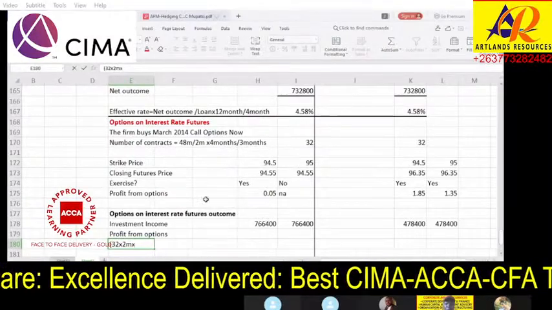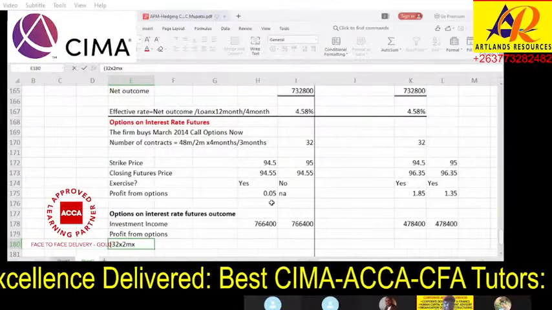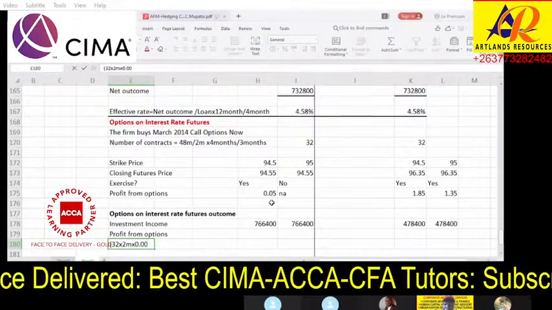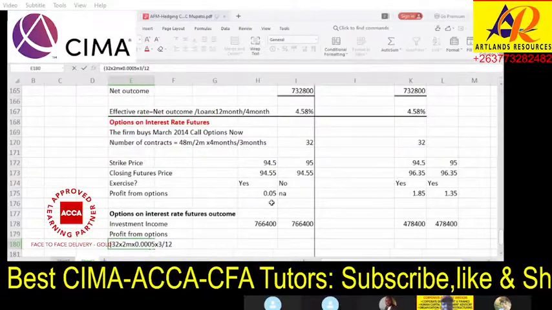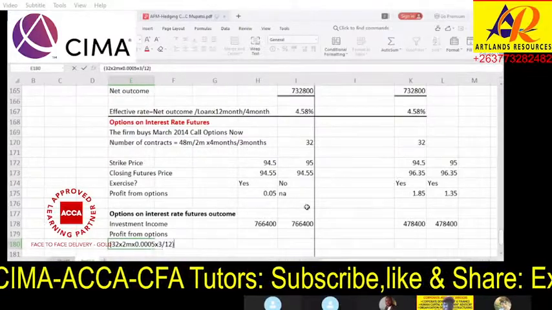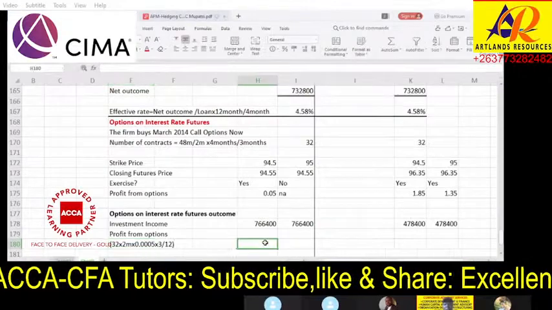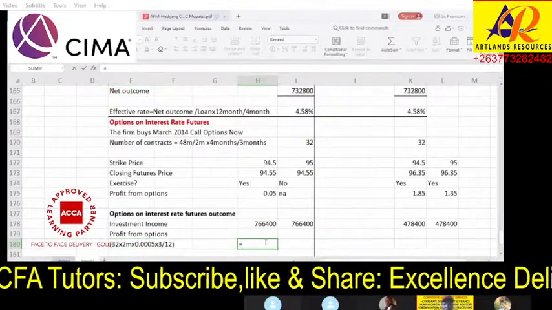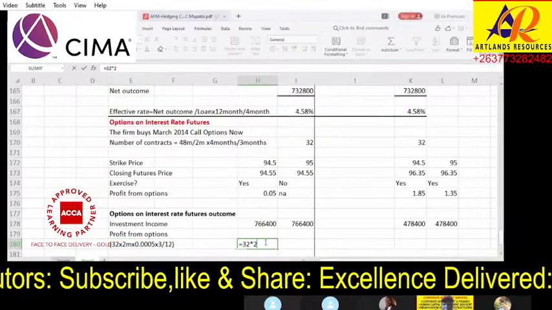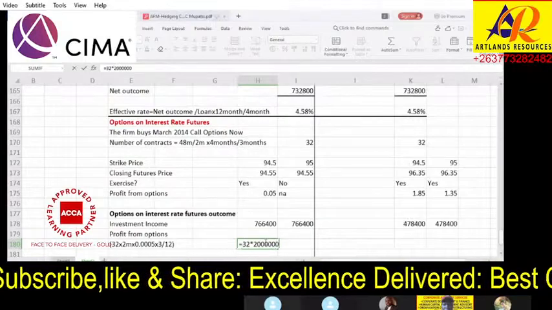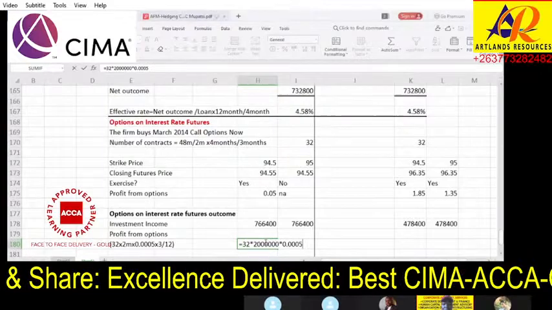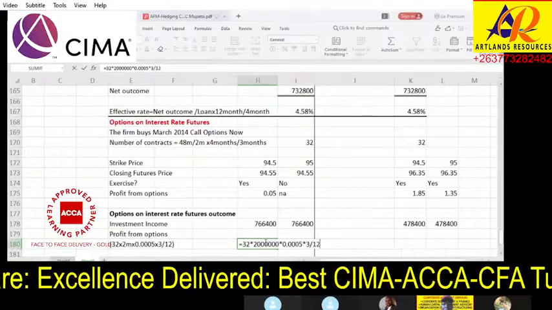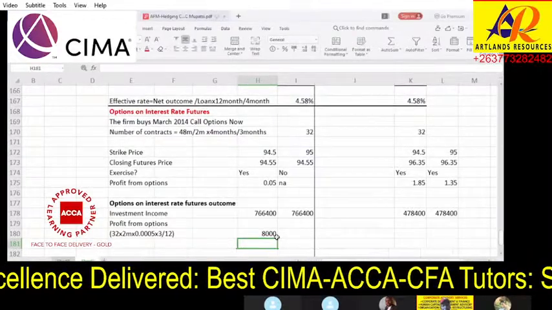I made a profit of 0.05%, so it's 0.0005 times 3/12, because these are 3-month options. So I then say equals 32 times 2 million times 0.0005 times 3/12. So there you go.